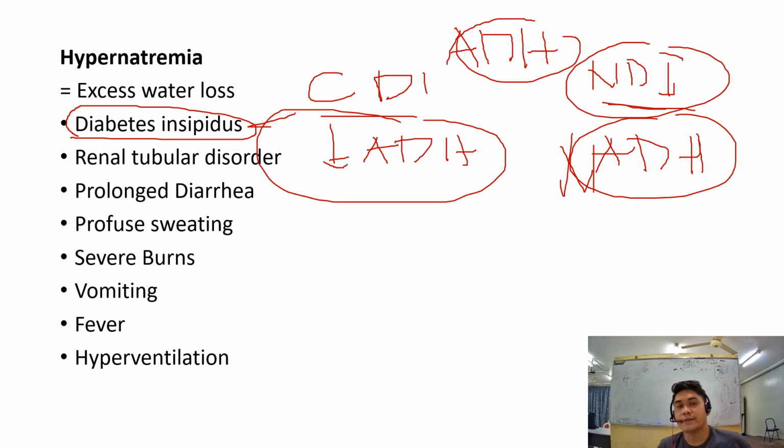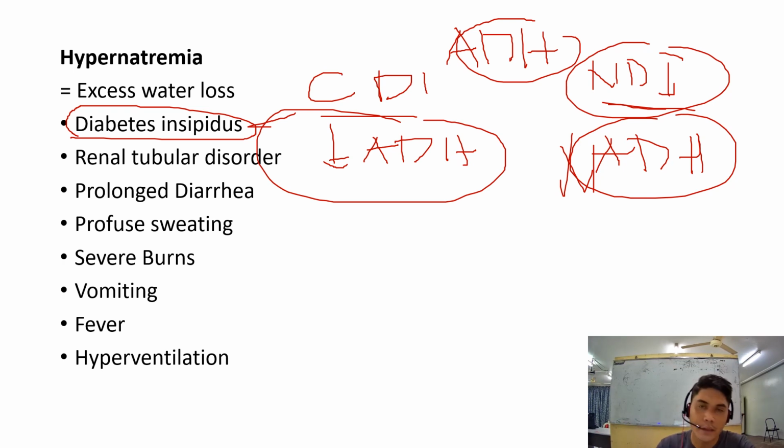So for central, there is deficiency in ADH. For nephrogenic, there is normal ADH production, but there's resistance to ADH. Both have increased urine volume or increased urine formation.